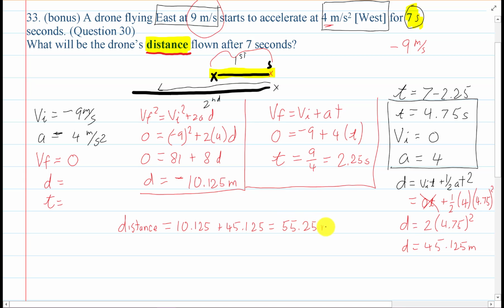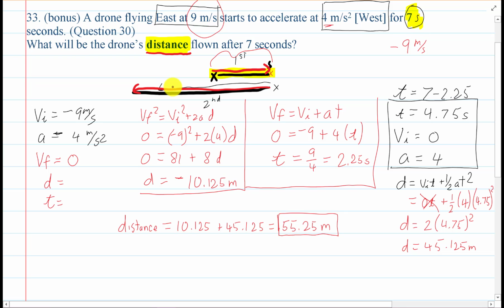Okay, and let's just check displacement. Displacement, if we go this way and then this way, they have to subtract.